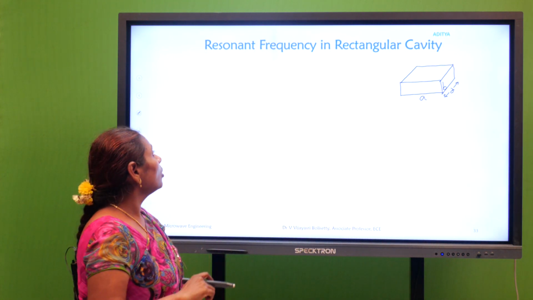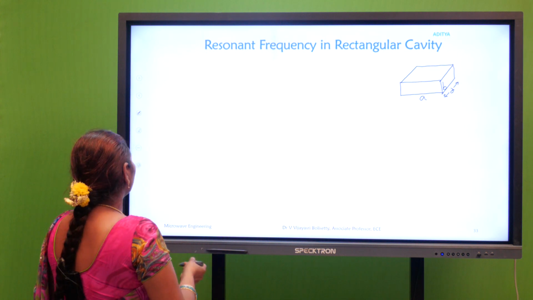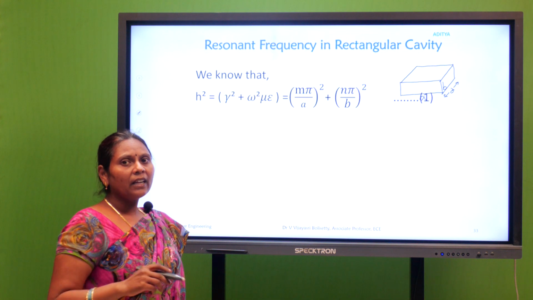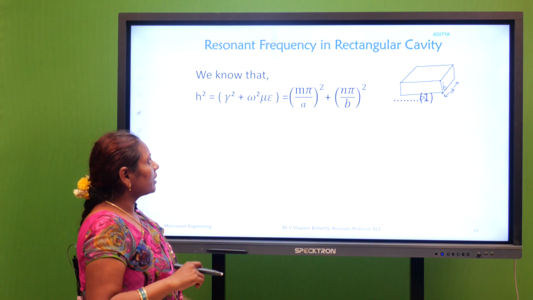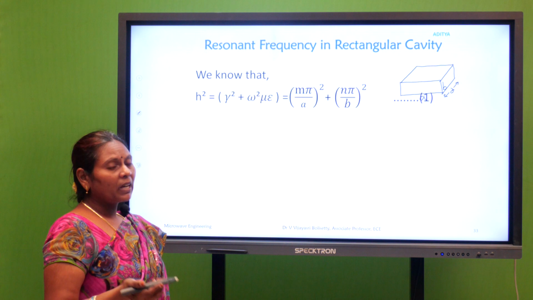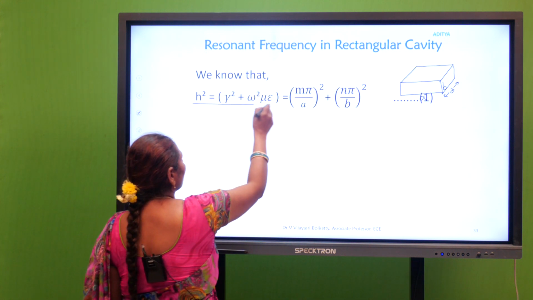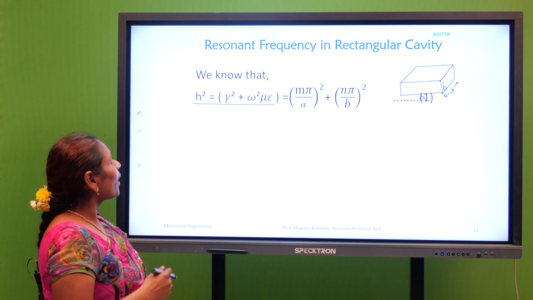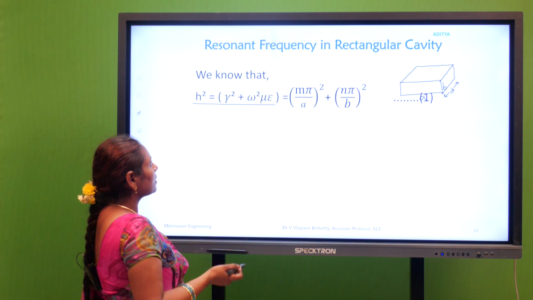Okay. So to find the resonant frequency, we know the relation in rectangular waveguides, that is h square is equal to gamma square plus omega square mu epsilon. This is the characteristic equation. Let us take the characteristic equation first and find the frequency from it.